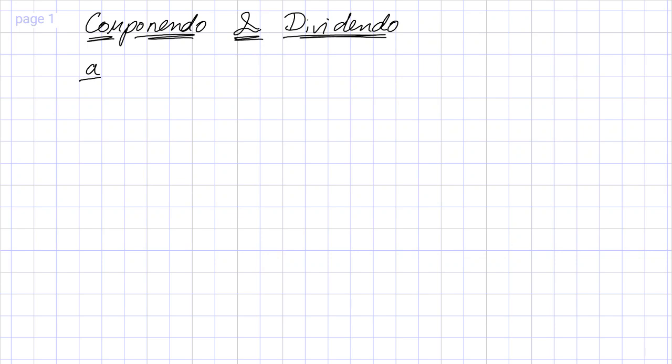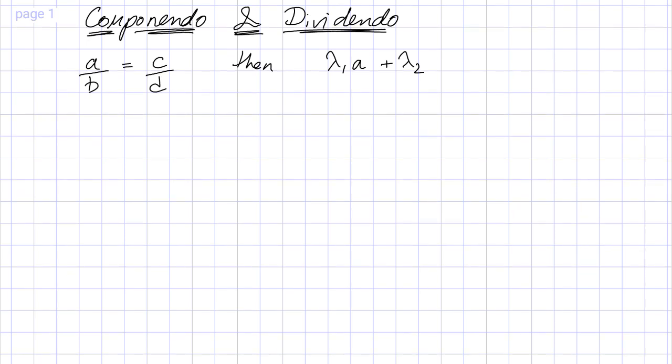So imagine that we know that we have a ratio a over b is equal to c over d. Then we can write, if we mix together the numerators, with some factors lambda 1 and lambda 2, so here I've got lambda 1 a plus lambda 2 c, and then divide through by the denominators in the same proportion, so we've got lambda 1 times b plus lambda 2 times d.